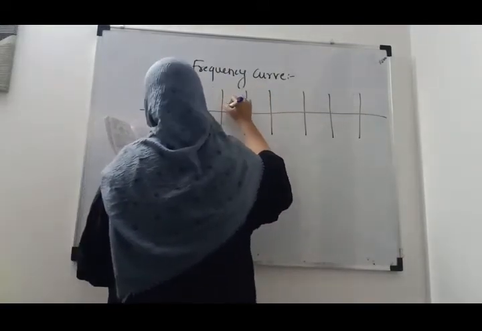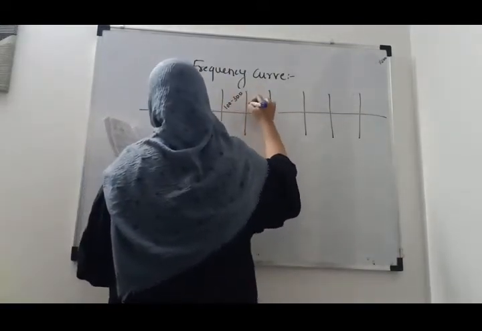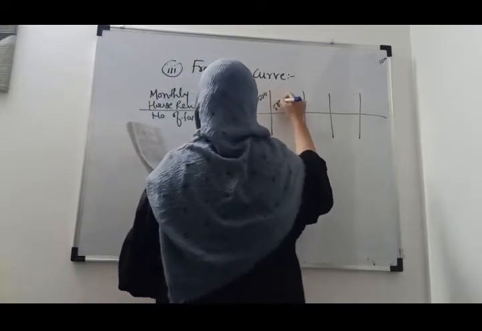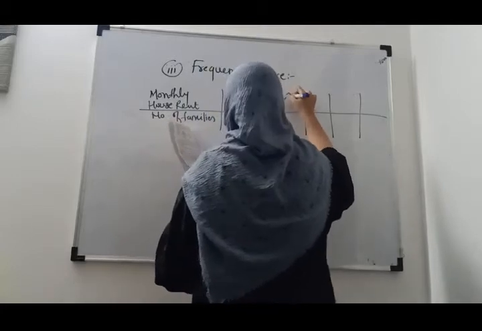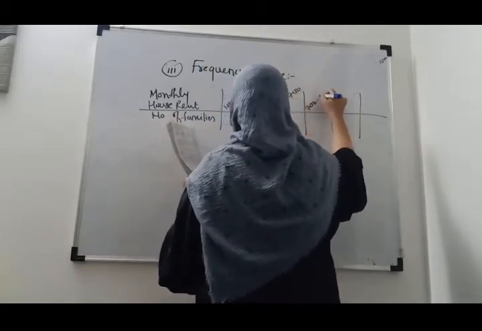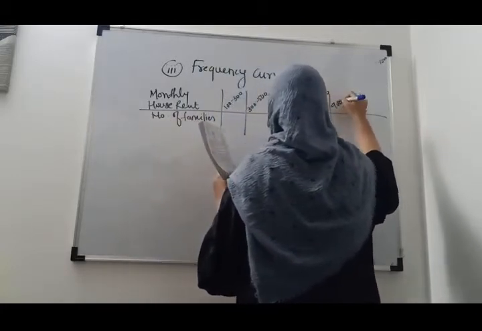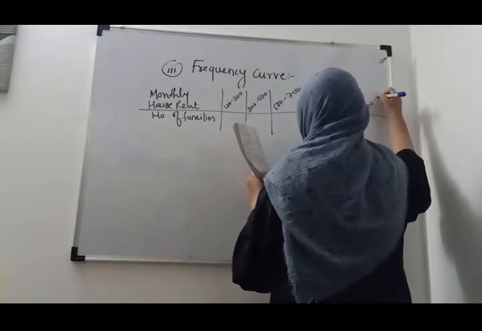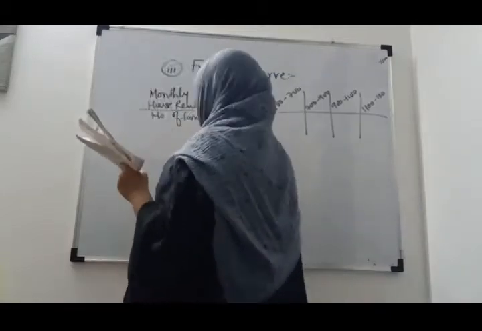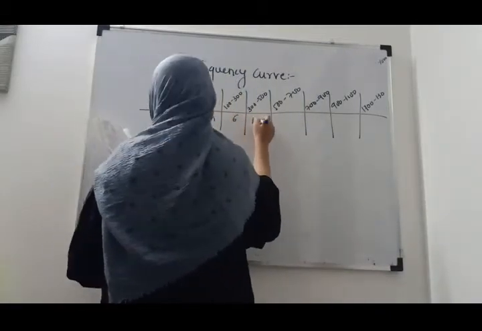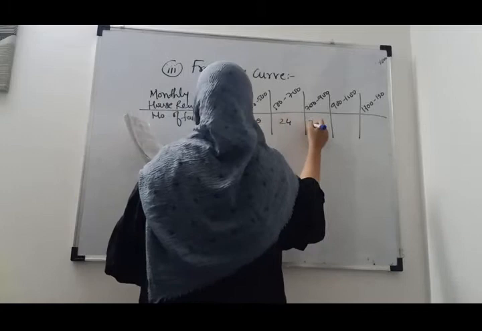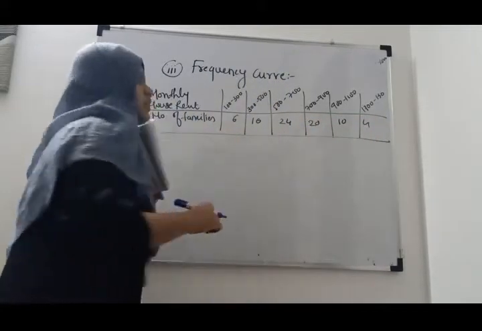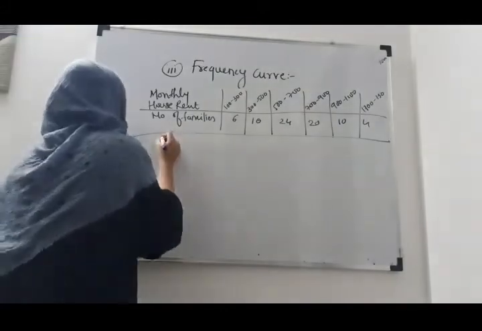So here 100, 300, so the first job is to find out the mid values, right?